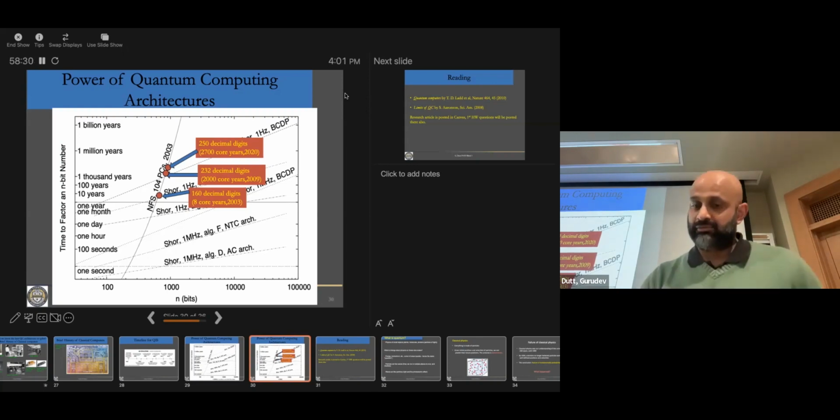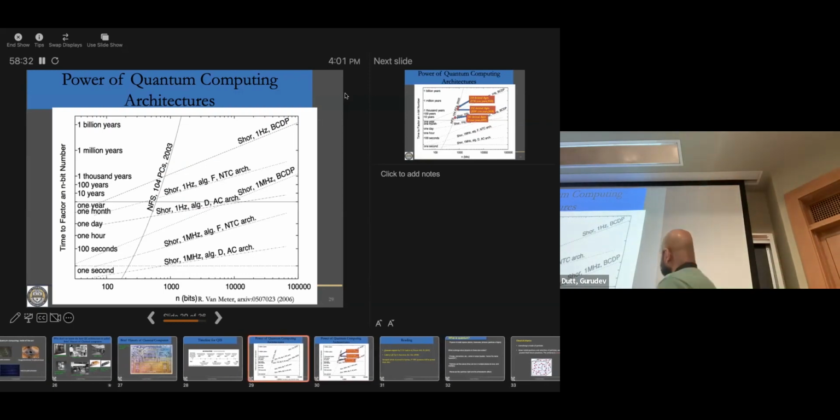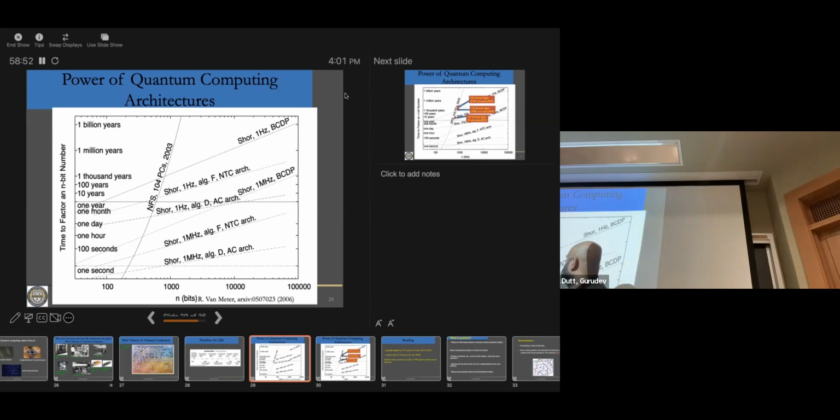So I'm going to step back to the earlier slide. This is predictions using Shor's algorithm with different architectures of quantum computers. The point is, if I pick a reasonable clock cycle of 1 hertz, that's 1 second for a quantum computer, you can see for 1,000 bits, it goes from billions of years to like a month.